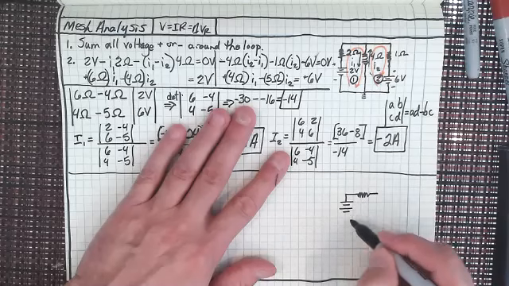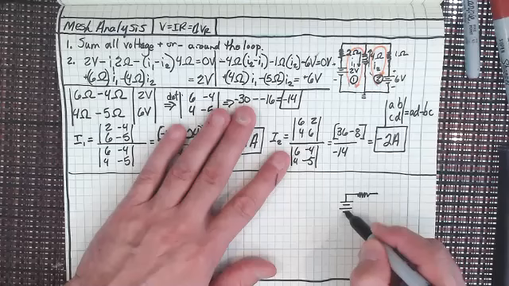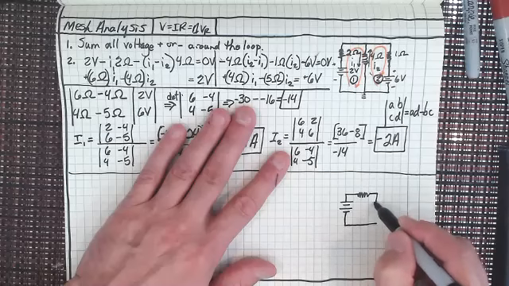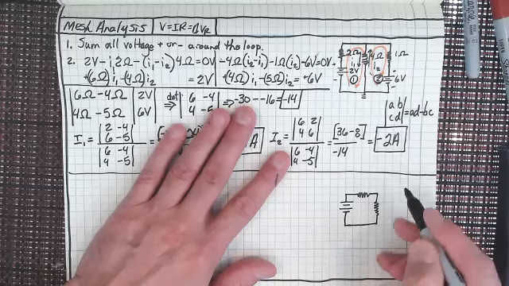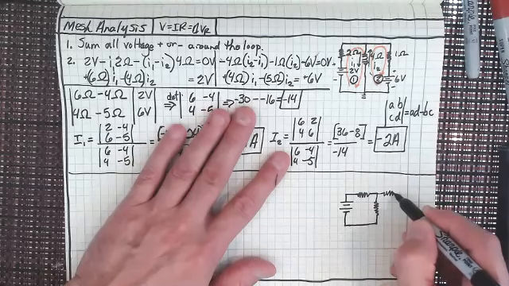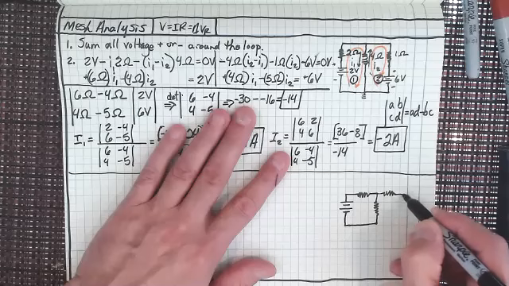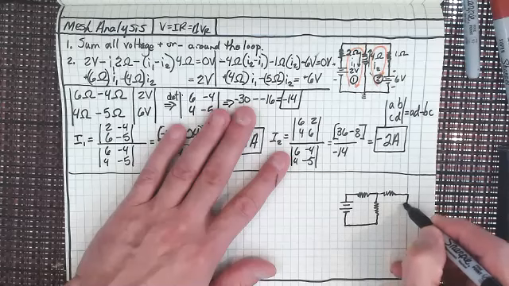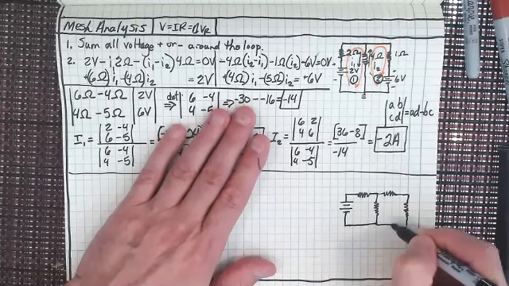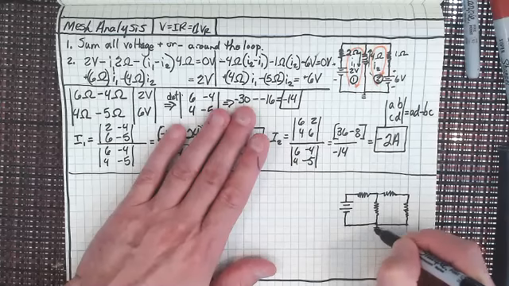This is a 3-loop circuit rather than a 2-loop circuit. It's still not what I would call a really complicated circuit. You could probably use your branch current methods to work through something like this, although it would not be very straightforward.